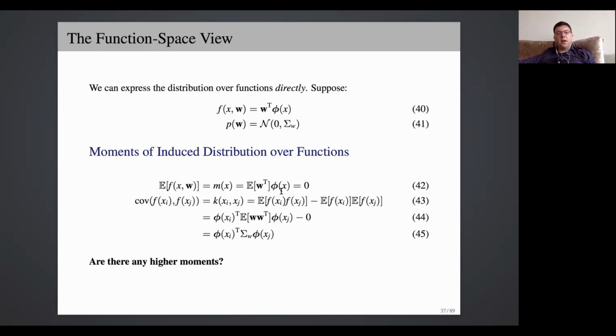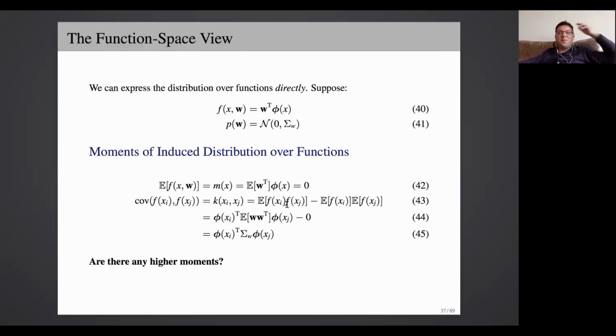We can grind through the algebra under the definition of covariance in equation 43 and show that our covariance function, that is the covariance between a pair of random variables given by our random function queried at a pair of arbitrary inputs, x_i and x_j, these could be times, spatial locations, images, whatever we like, is going to be the inner product of phi of x_i with phi of x_j under Sigma_w.